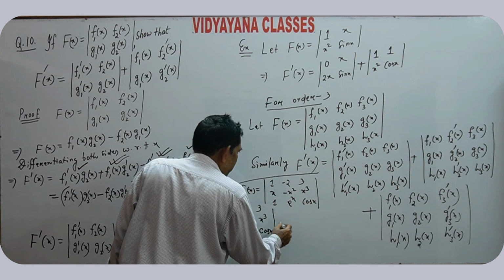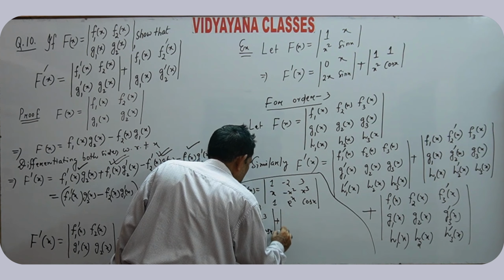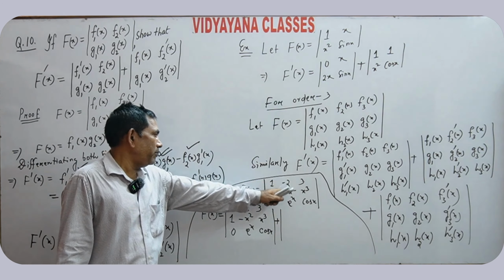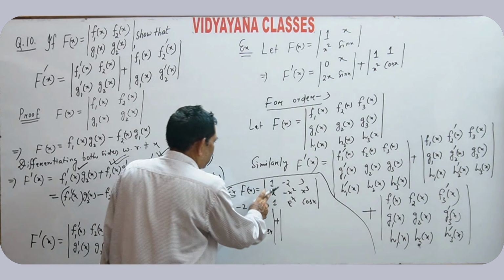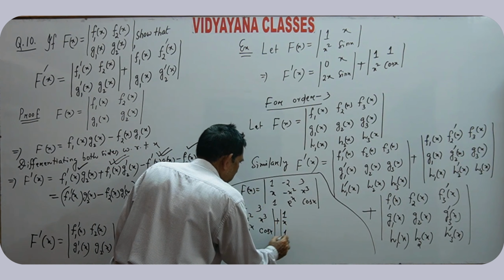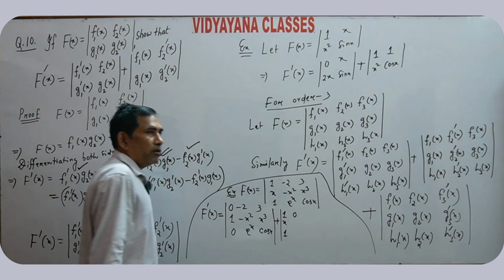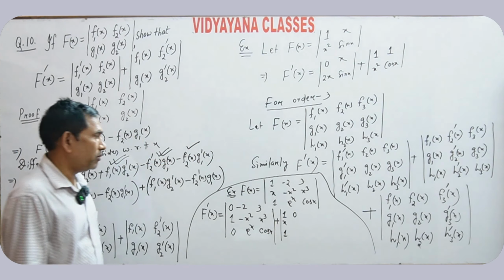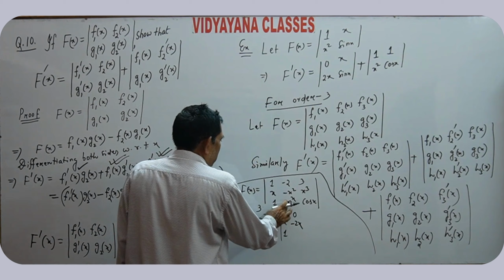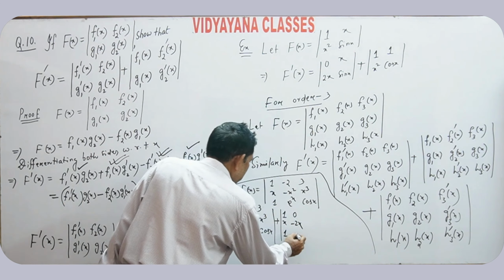Plus the derivative of the elements of the second column. The first column remains as it is, 1, x, 1. Derivative of minus 2 is a constant, and the derivative of a constant is 0. Minus x square gives minus 2x. Derivative of e to the x is e to the x.